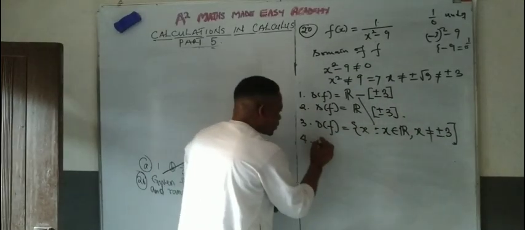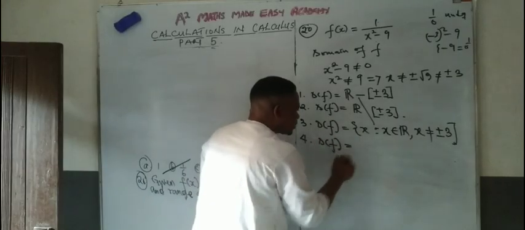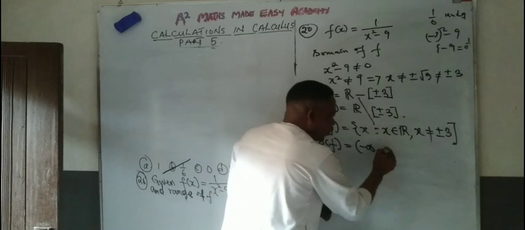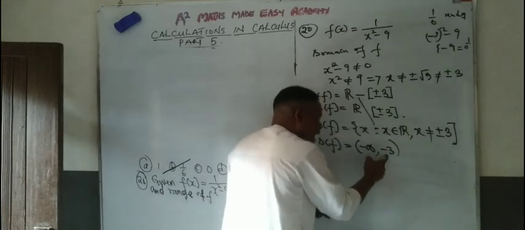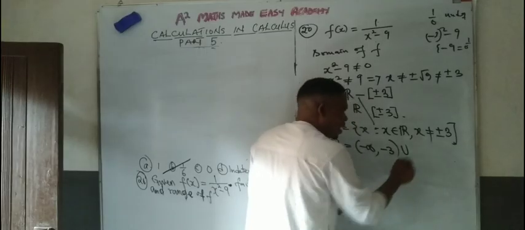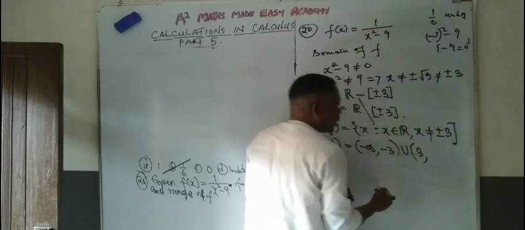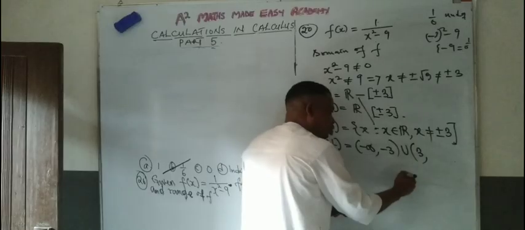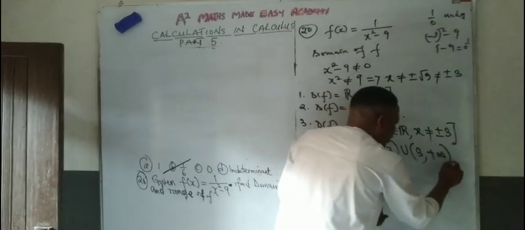Or the fourth one, domain of f is bracket minus infinity comma minus 3 bracket. Why am I using a round bracket? Because minus 3 is not a member. I will now say union, another bracket, put 3, because 3 is also not a member. Use round brackets, don't use curly ones. Then plus infinity bracket.